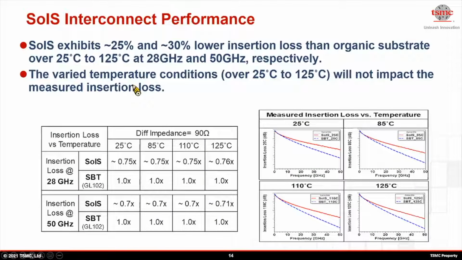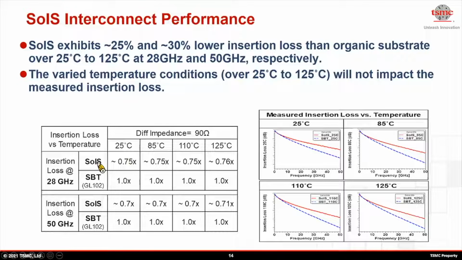High quality copper interconnect built with InFO technology also gives us important advantages in lower insertion loss, as you can see from the attached table.